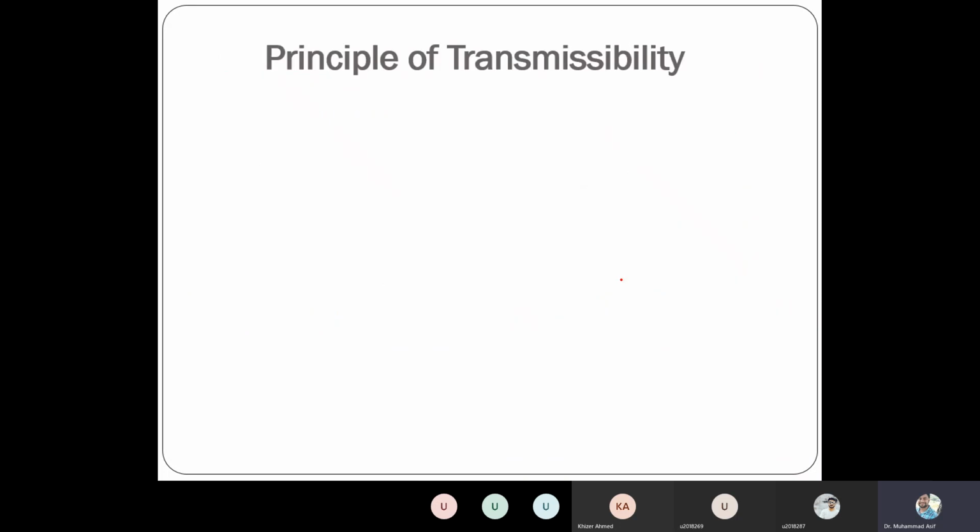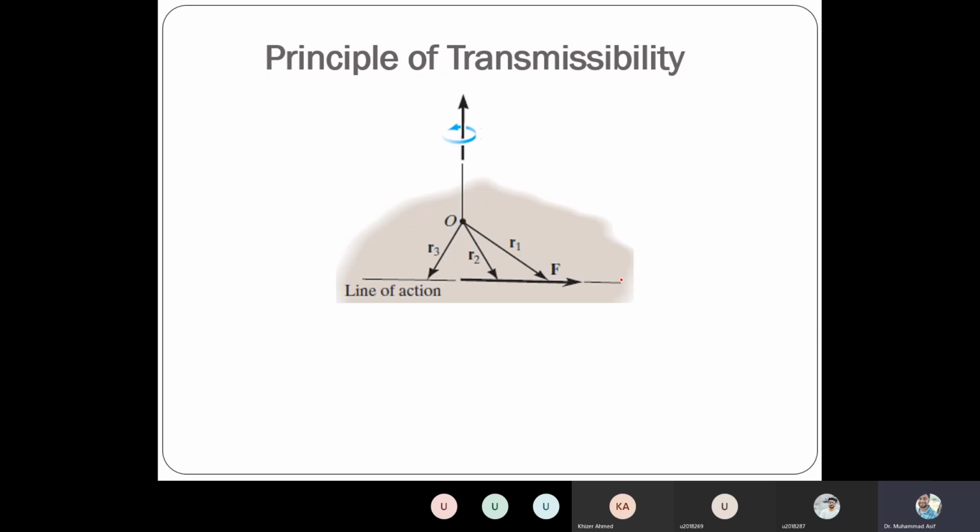And there is another concept. We already studied the principle of transmissibility, but let's revise it. Say this is the line of action of a force, and because of that force, we want to calculate the moment about point O. Then we need a moment arm. In 3 dimensions, you can take any of these moment arms.